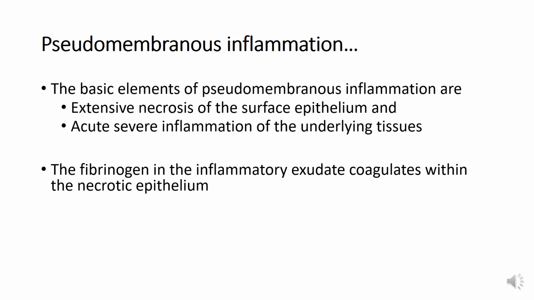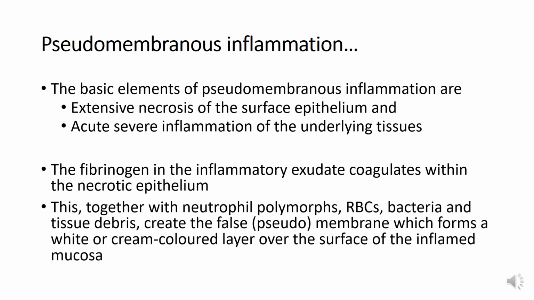The fibrinogen in the inflammatory exudate will usually coagulate within the necrotic tissue. I think I've already mentioned that. Remember I also mentioned that there will be other white blood cells and tissue debris that all conglomerate together, which is what forms the pseudomembrane.